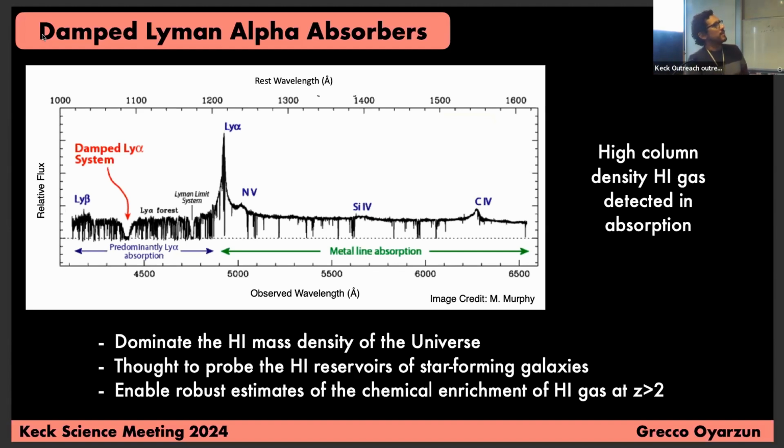And finally, you notice here that redward of the Lyman alpha emission from the quasar, there's also metal line absorption that's imprinted. With damped Lyman alpha absorbers, we can use those metal absorption lines to understand and trace the chemical content and the metal enrichment of H1 gas at redshifts greater than 1 or 2.